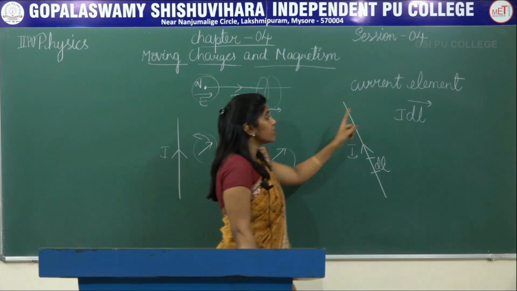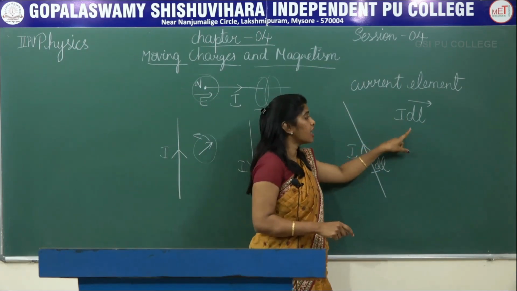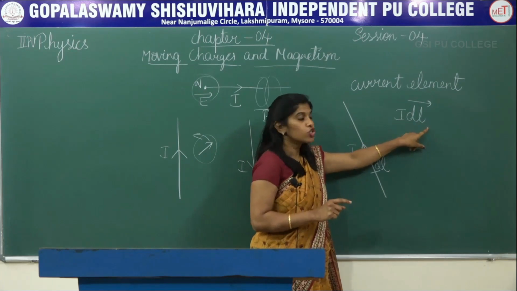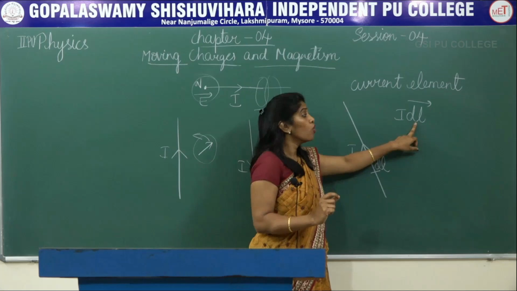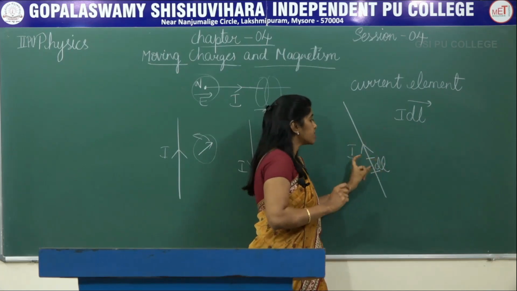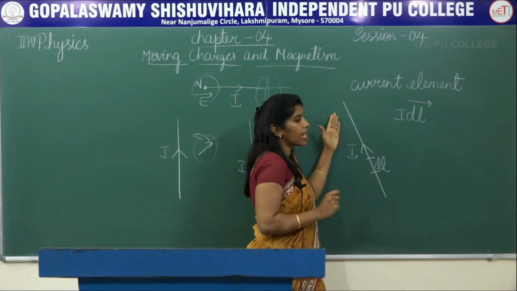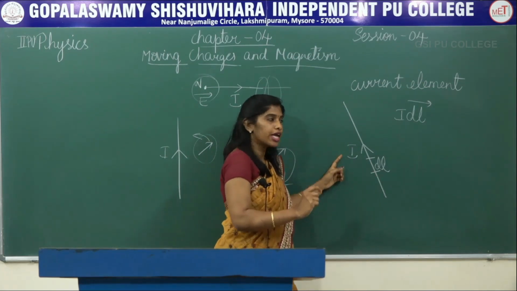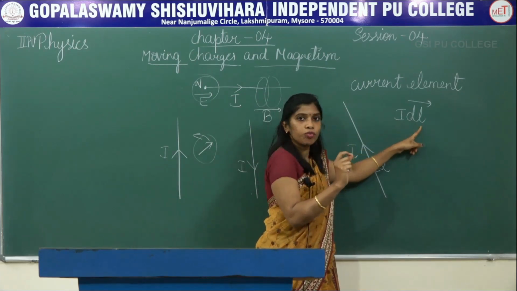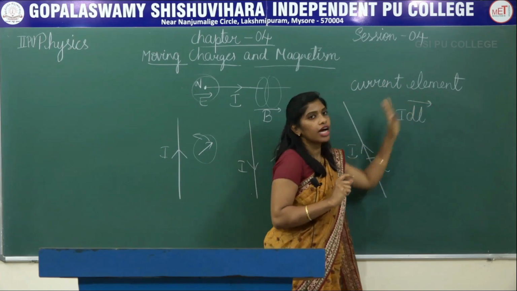That is why the direction of current should be represented, and that is done using this dl. So dl is considered to be a vector quantity whose magnitude is the length of this element, and its direction is the same as the direction of the current. So current is a scalar quantity, but dl is a vector quantity, and I dl is called a current element.